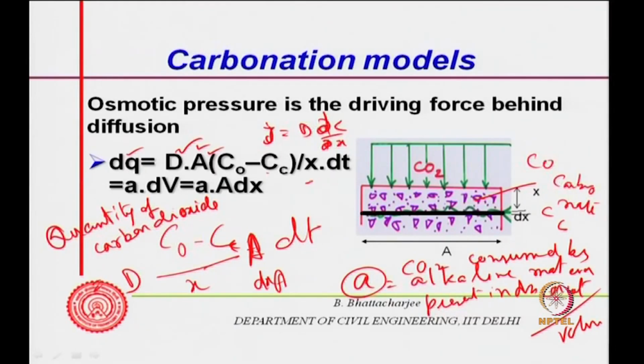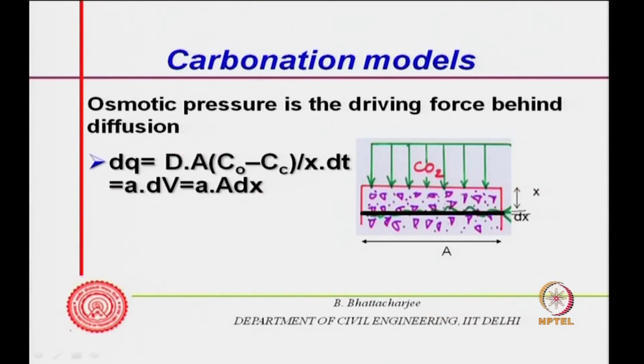So, then A dV, or a dx, must be equal to dq. So, that is the idea. If it is equal to dq, then I simply integrate this: some constant, that is 1 by x into some constant, let me call it k dash, dt is equal to some other constant, k double dash, dx.